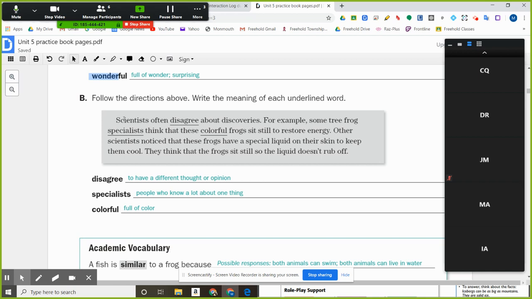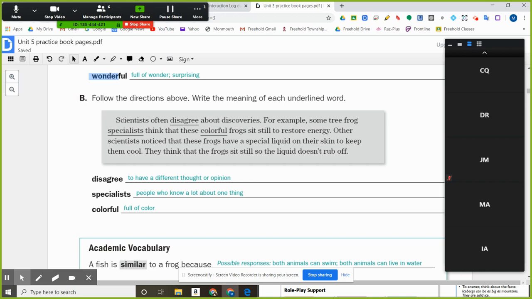All right, so let's read the next one. Scientists often disagree about discoveries. For example, some tree frog specialists think that the colorful frogs sit still to restore energy. Other scientists notice that these frogs have a special liquid on their skin to keep them cool. They think that the frogs sit still so the liquid doesn't rub off. All right. Who wants to do disagree?